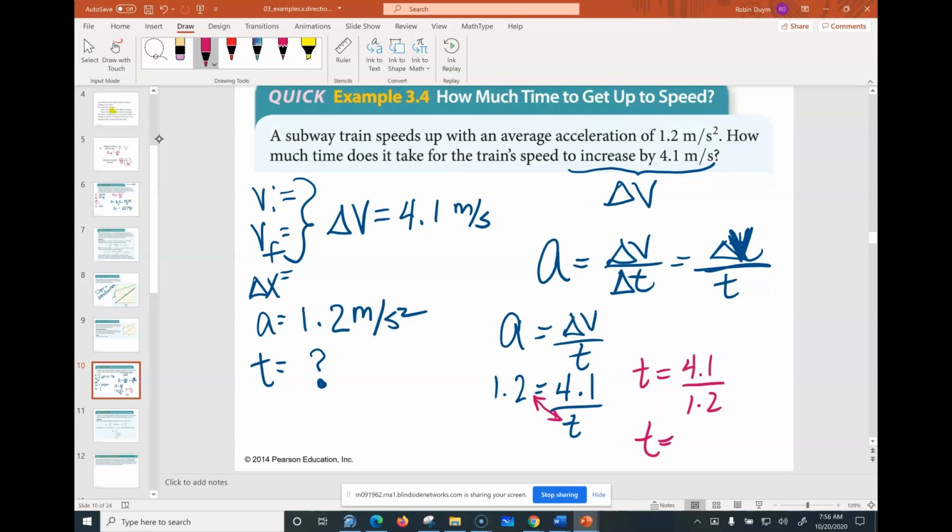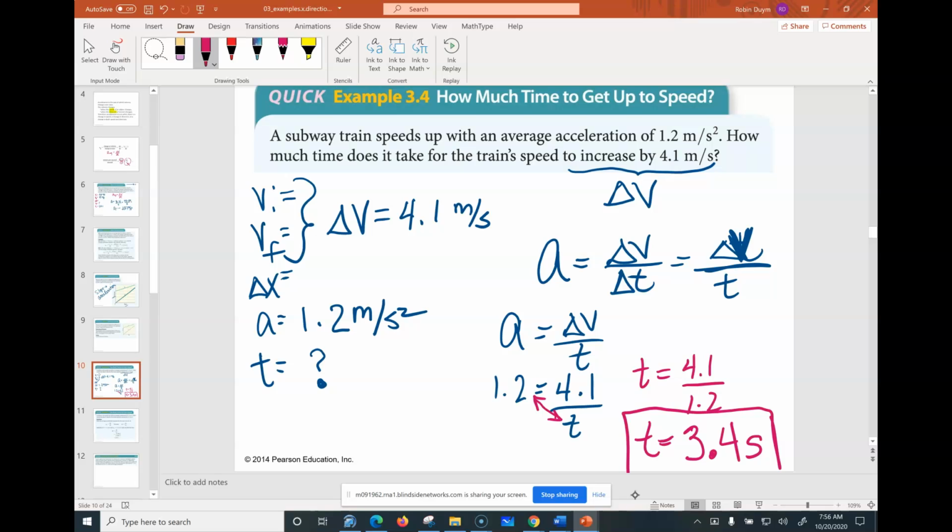What's 4.1 divided by 1.2? 3.4, do you agree? 3.4 seconds.